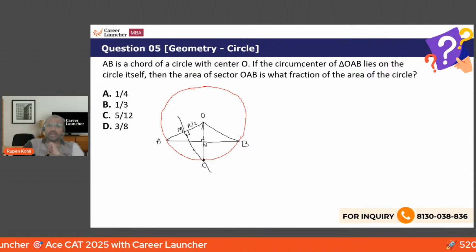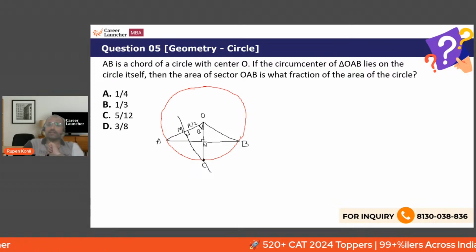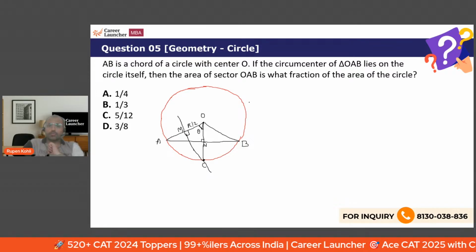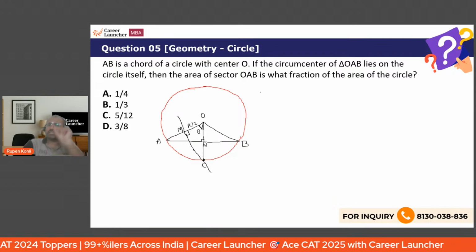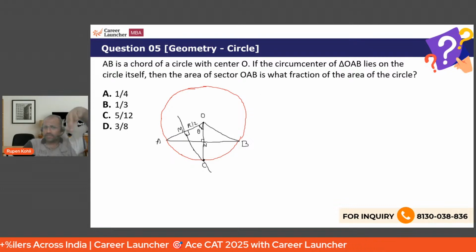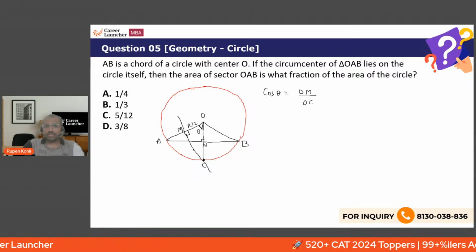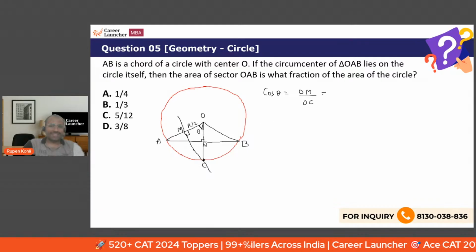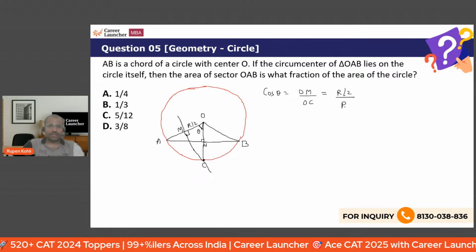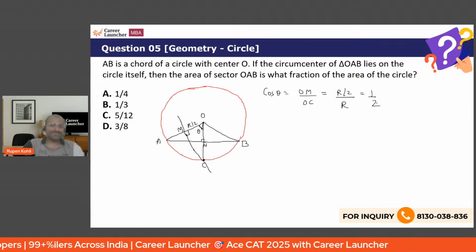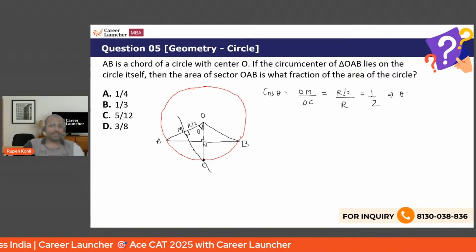So therefore, I can try to find this angle AOC, this angle theta, because in this right triangle, the OM and OC are known. OM is the base with respect to that angle theta. So I can talk of the cos theta value, which is cos theta is base OM over hypotenuse OC. Remember, OC is the hypotenuse opposite to 90 degree. Hence, OM is R by 2, OC is R, so cos theta is half, which means theta is 60 degree.